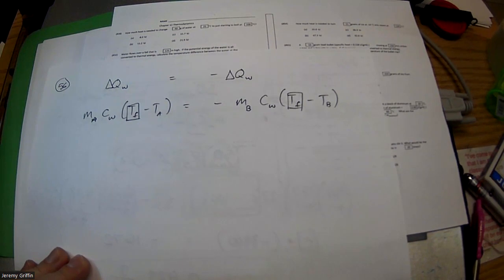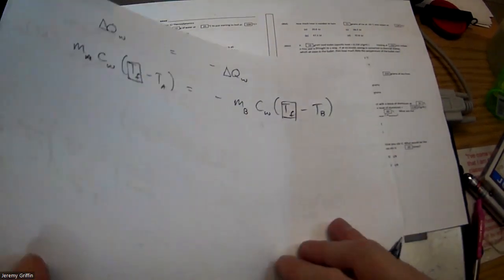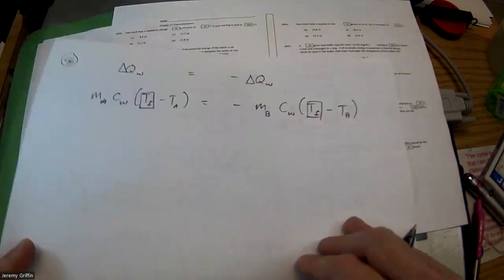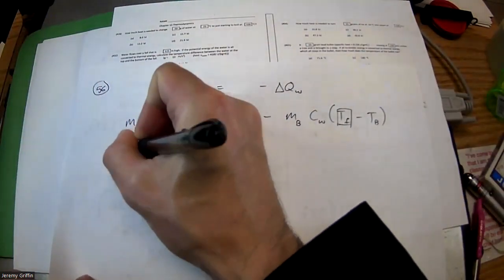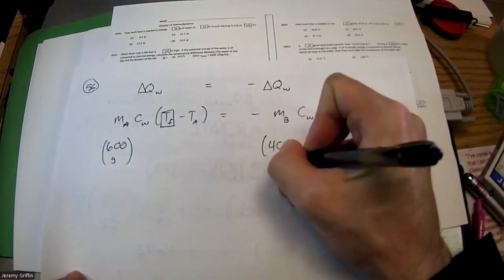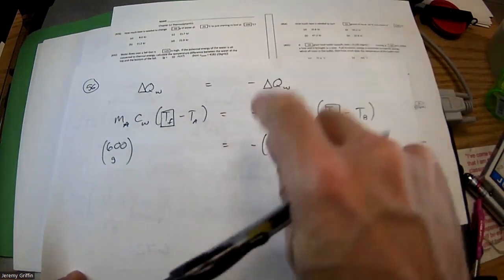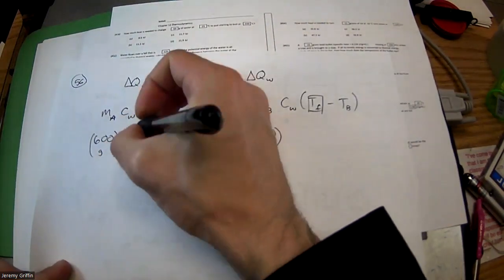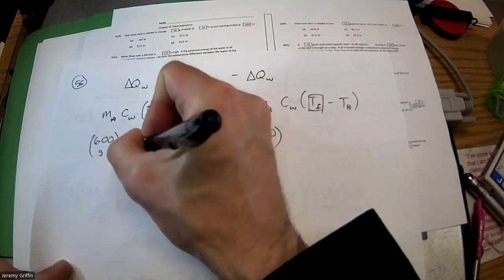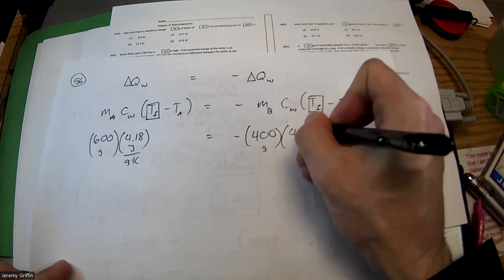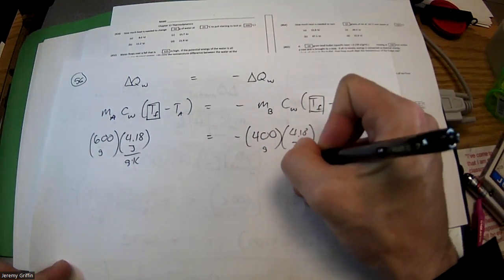Okay. Plug in some values. On my paper, I've got 600 grams and 400 grams. So 600 grams here, 400 grams here. Throw in a negative sign, track the import and export of energy right. Oh, the specific heat of water, you guys know, is 4.18 joules per gram Kelvin. That's also true here, 4.18 joules per gram Kelvin.